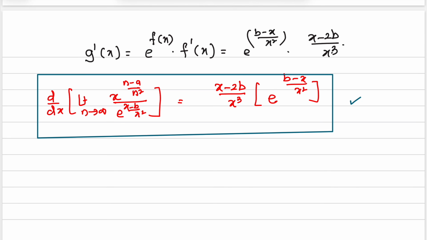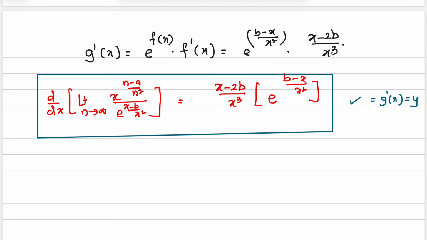Now the question is, here b is a constant, x is a variable, and this g dash x I will call some y.